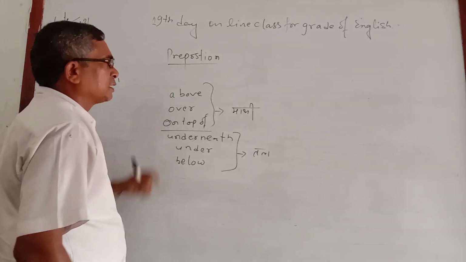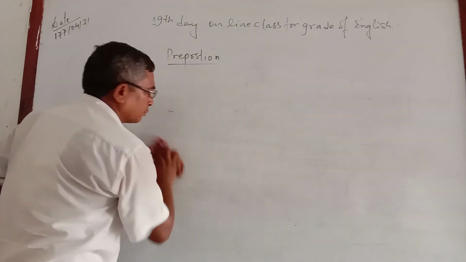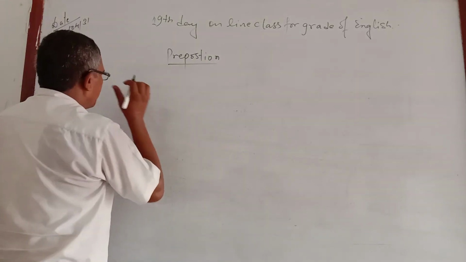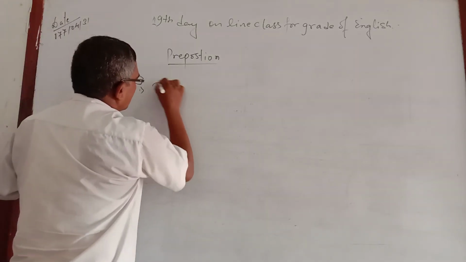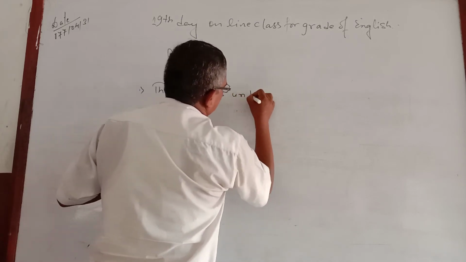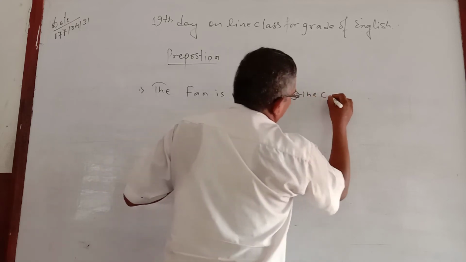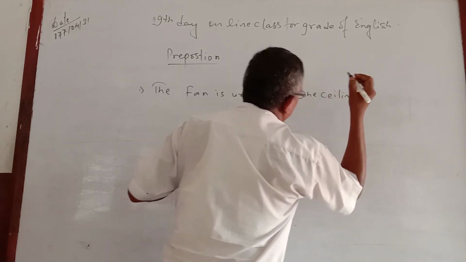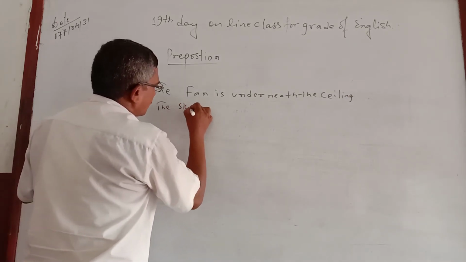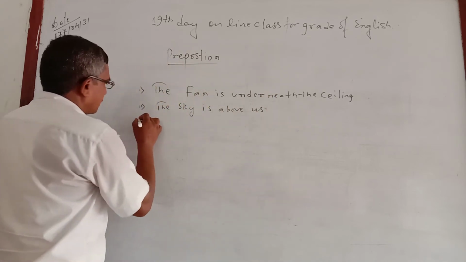One example for each preposition according to rule number 1. The first example: The fan is underneath the ceiling. Second one: The sky is above us.